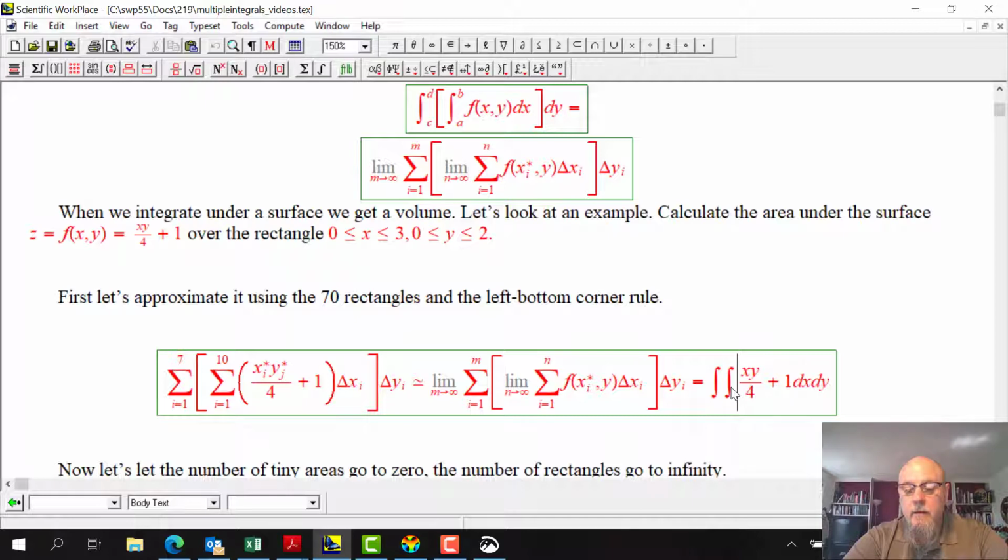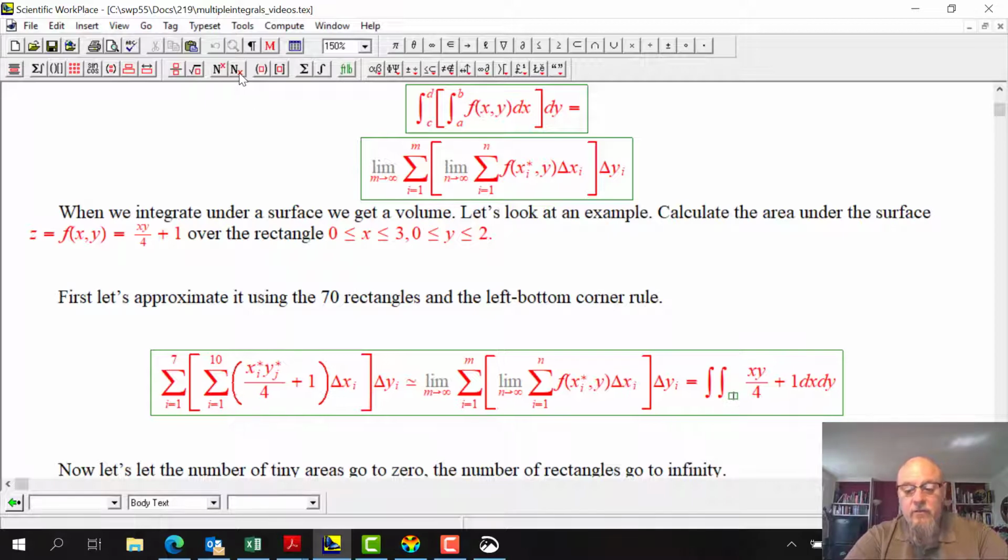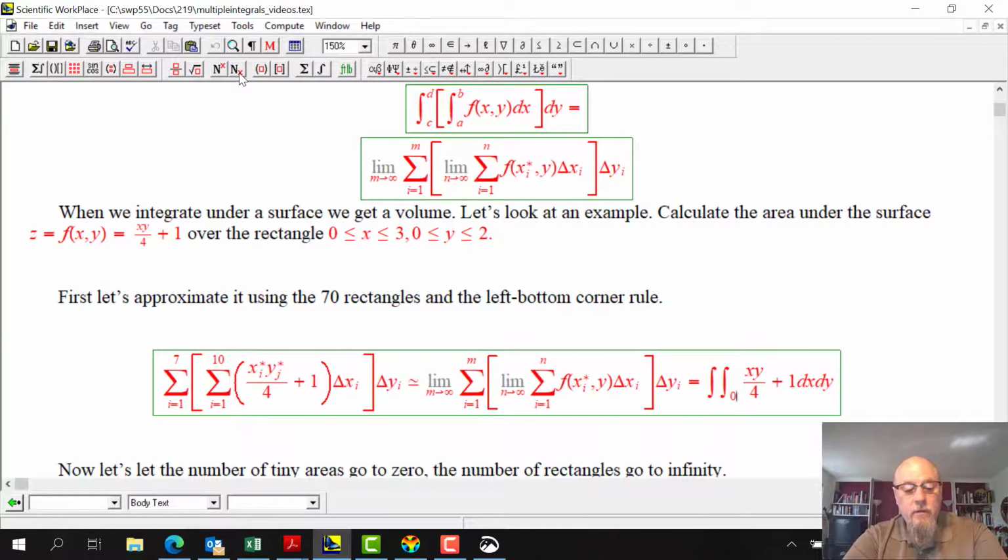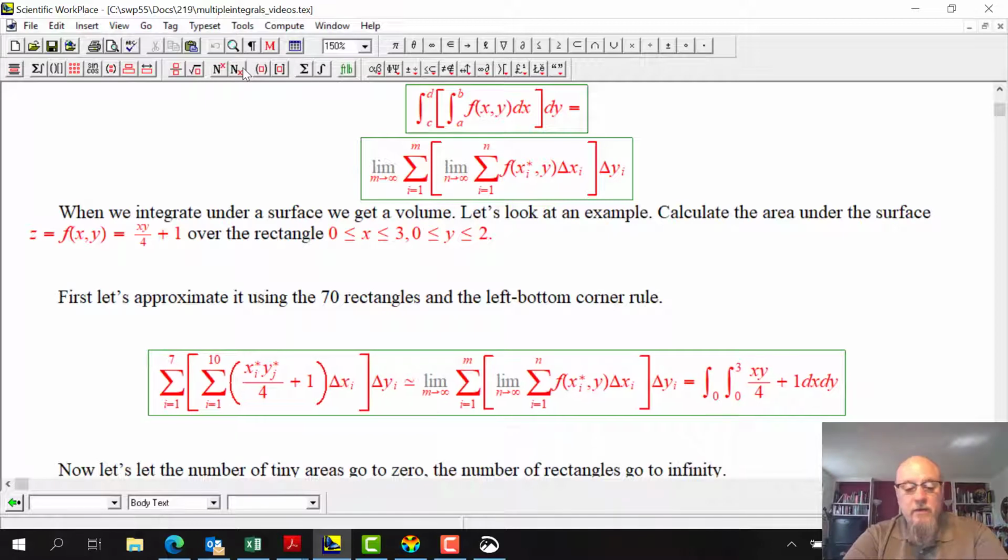The inside sum has to do with the x, so the inside integral has the x endpoints from 0 to 3. The outside sum has to do with the y, the delta y, so that's why the outside integral has the 0 and 2.